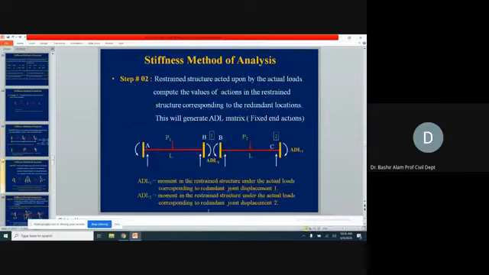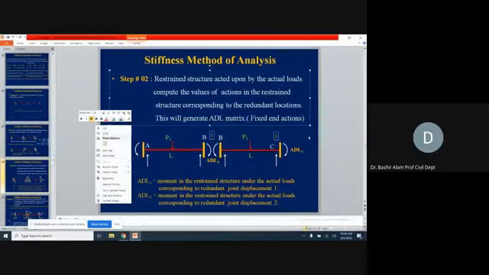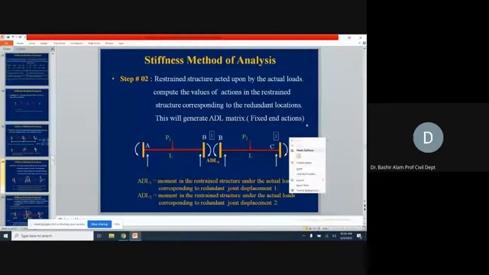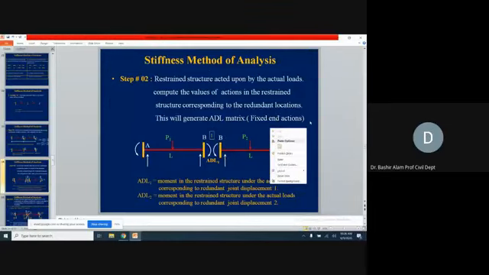Now this basic kinematically determinate structure is shown here. It's the same thing: at B we already had the fixed support, so this fixed support you can split into two fixed supports. It is the same thing now.